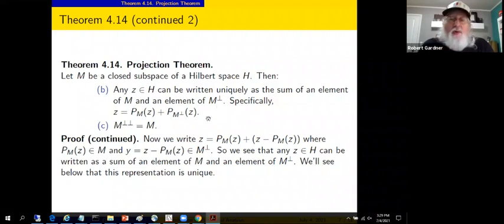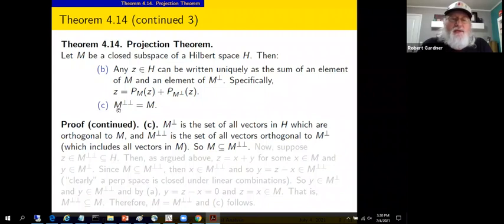Well, here's one way to do it. So we just showed we get this type of behavior here. So we have Z written as an element of M and an element of M perp. This thing here, which we're denoting up here, is a projection onto M perp of Z. What's missing is the uniqueness stuff, so we have to come back and deal with that.